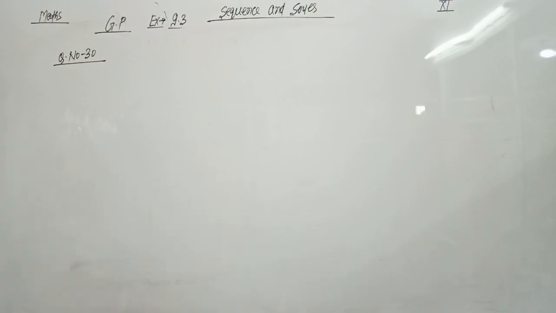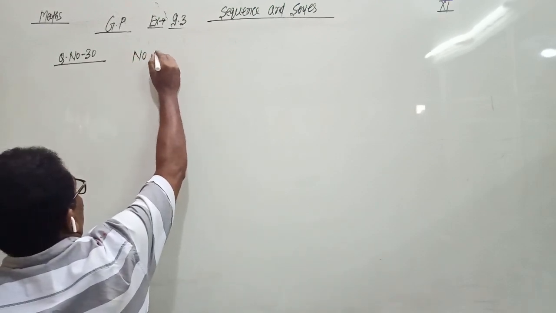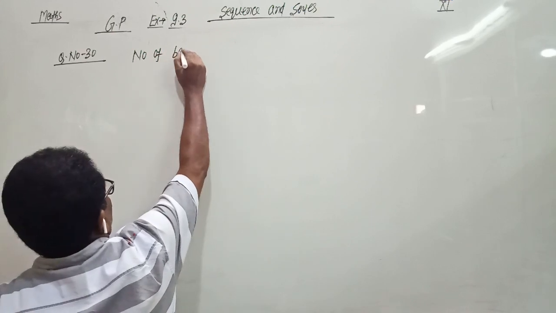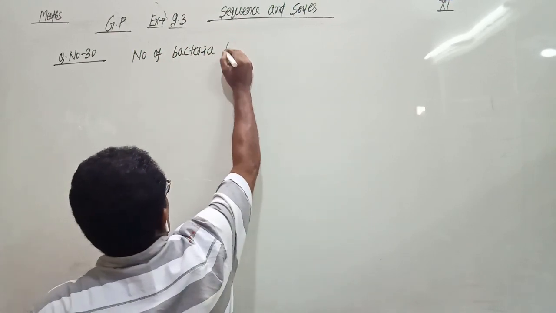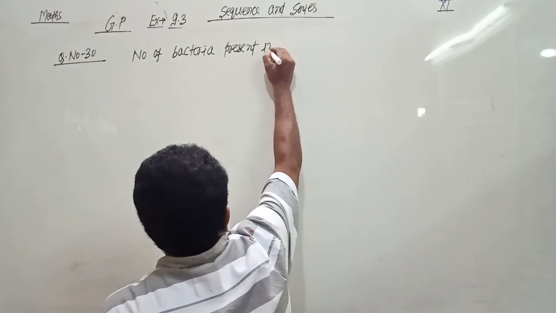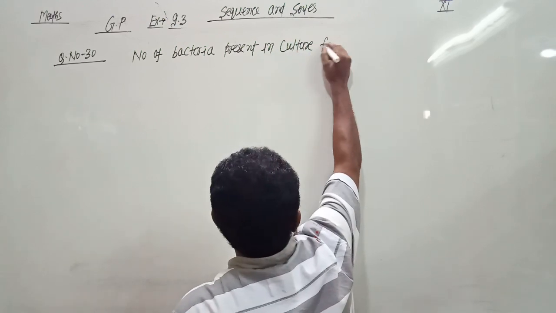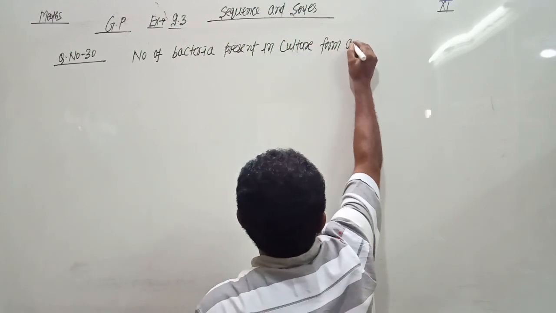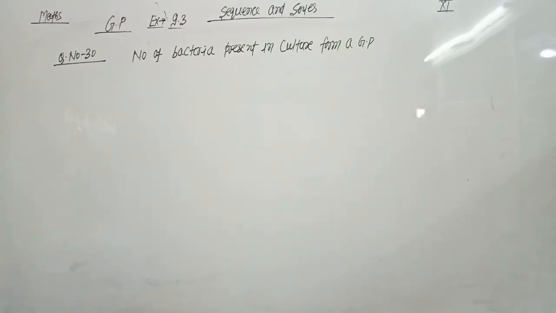Number of bacteria present in the culture form a GP because it doubles in every hour.